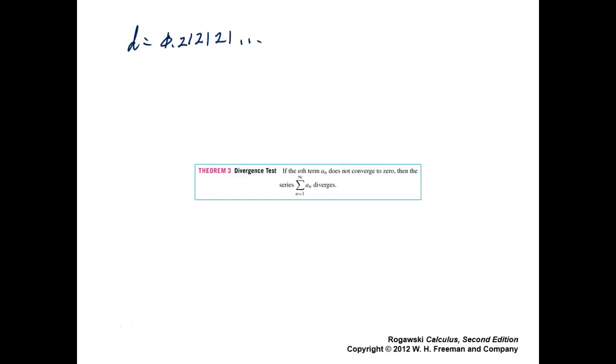Now, look at the size of the repeating segment. 2 places, right? So let's multiply this by 100. 100D would be what? Multiply this by 100, move the decimal 2 places, right? 21.212121, and so on. Now let's subtract them.